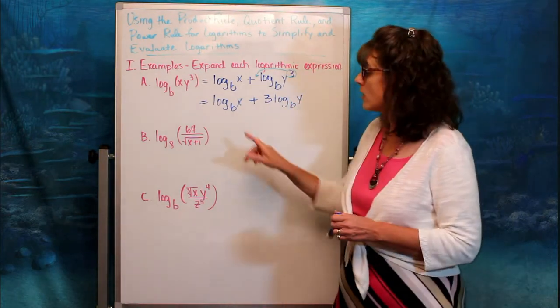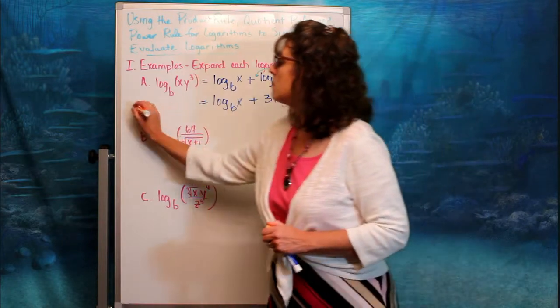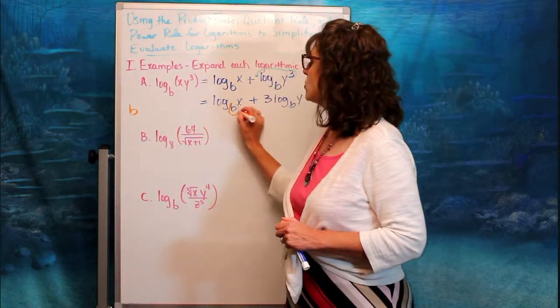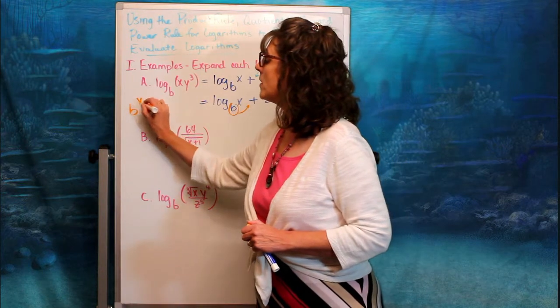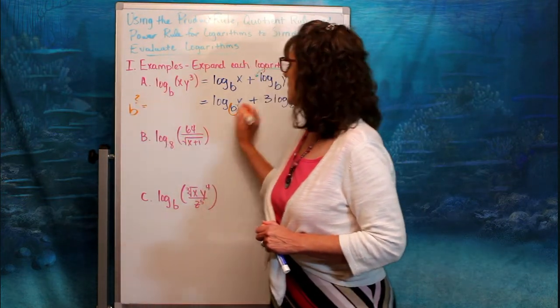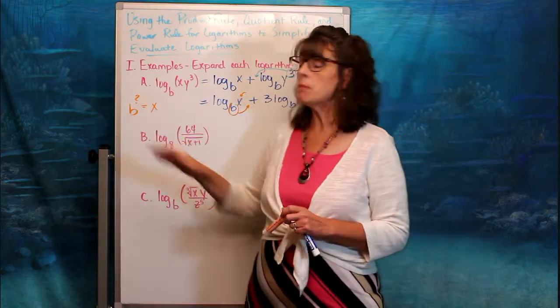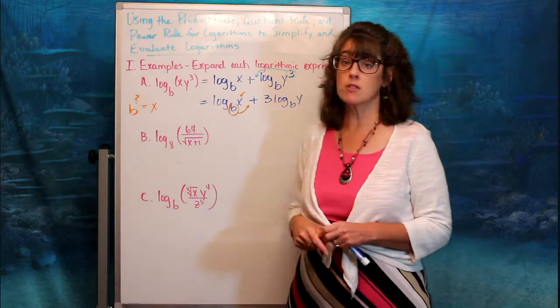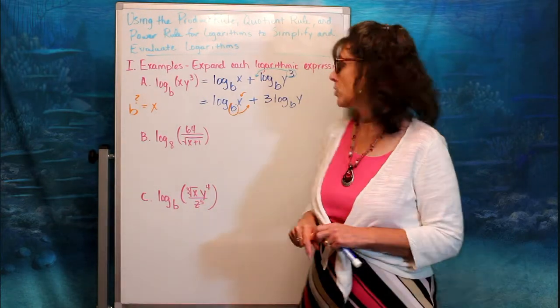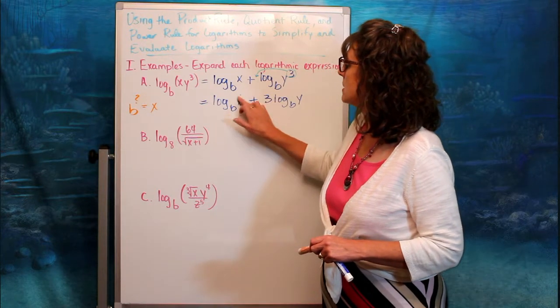Now, can I evaluate log base b of x? No, that is because this would indicate b to some outside power. Let's even just put it as a question mark because I don't know what that power is going to be. Is going to equal this number that's on the inside, and that says how many times would I multiply b by itself to create an x? I can't multiply b by itself to create an x. So therefore, I'm not going to be able to evaluate this log base b of x.